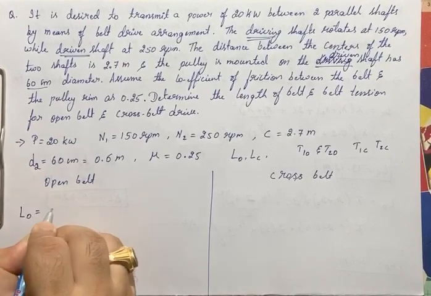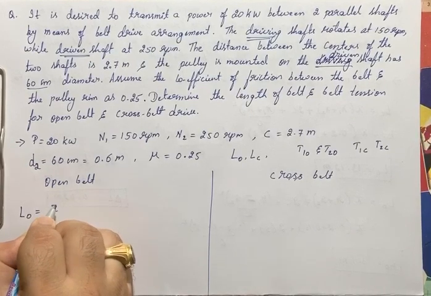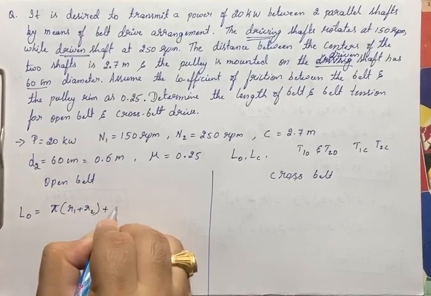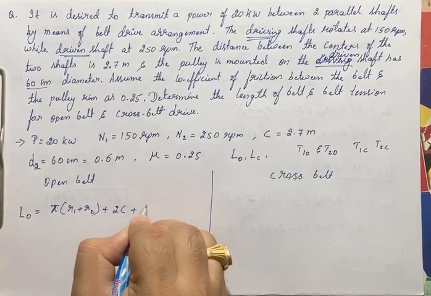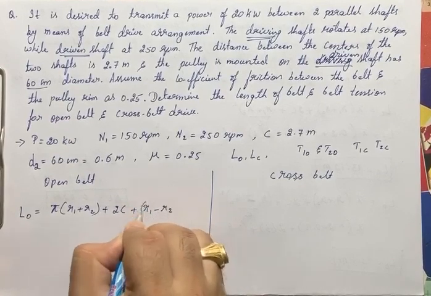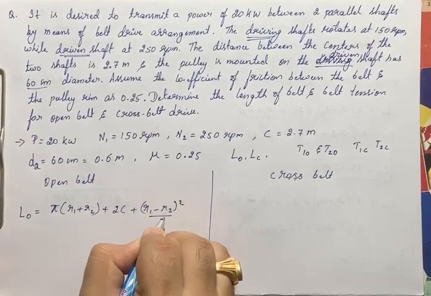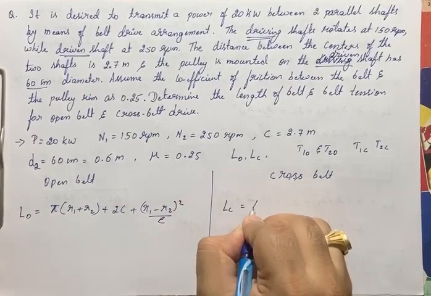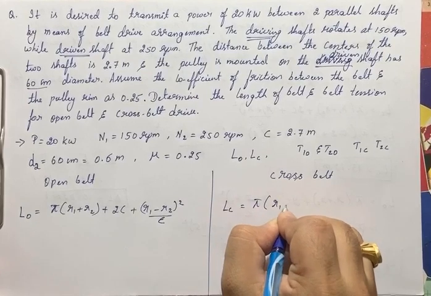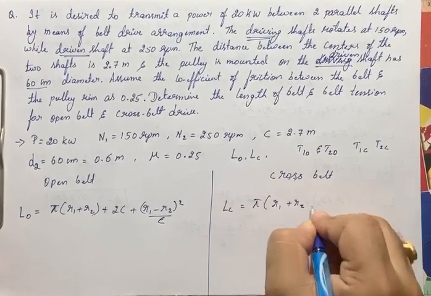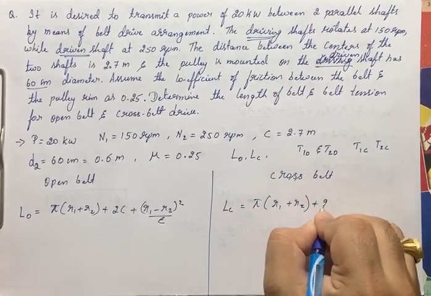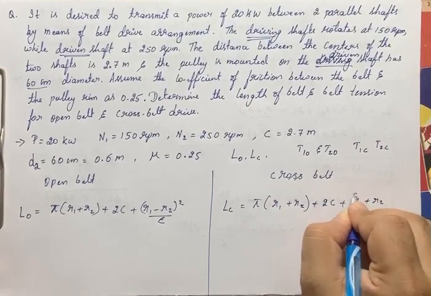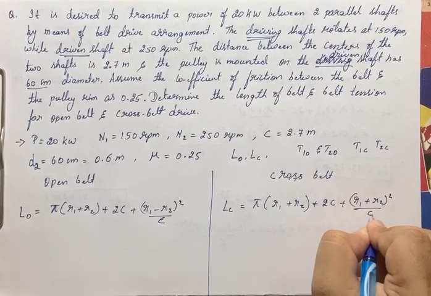LO is pi into (R1 plus R2) plus 2C plus (R1 minus R2) whole square divided by C. Similarly, the length of a cross belt drive is pi into (R1 plus R2) plus 2C plus (R1 plus R2) whole square divided by C.